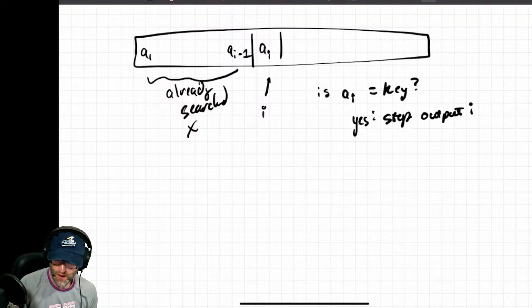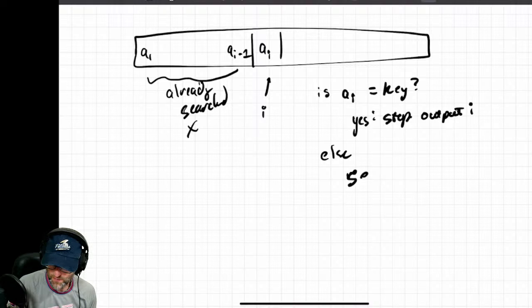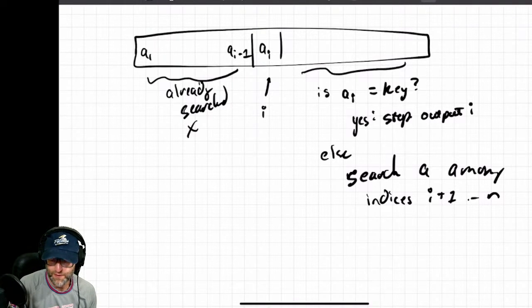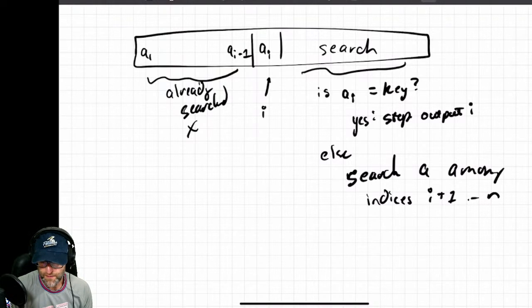What I'm going to do is else here, search A among indices I plus 1 through n. In other words, this half of the list. We haven't searched that yet.